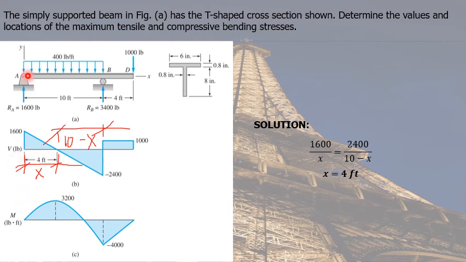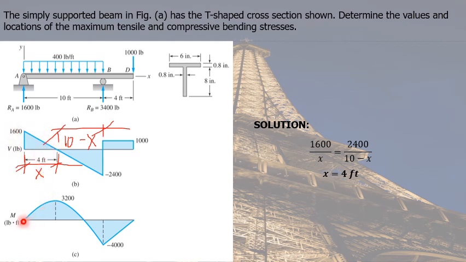So from point A, we have 4 feet as the location of 0 shear. Now, how do we determine the value of our moment at this point? We simply get the area of this triangle.